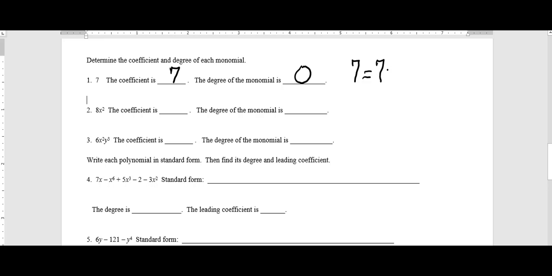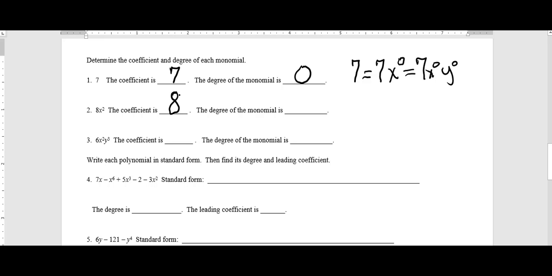Because I can write 7 or any other number that's my monomial as 7 times any variable to the 0 power or any product of variables to the 0 power. And notice if I add the powers on the variables, no matter how many variables are there raised to the 0 power, the result will be 0. So that's the degree of a constant.